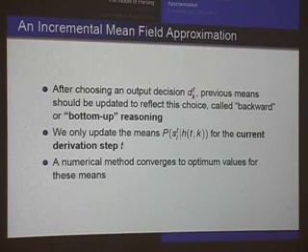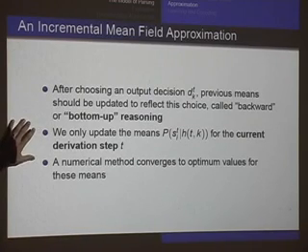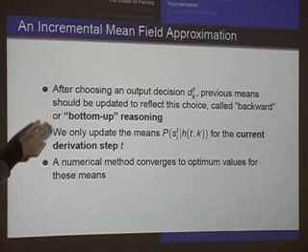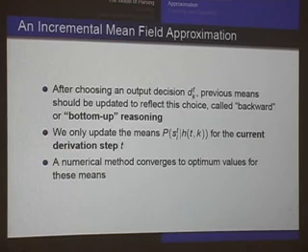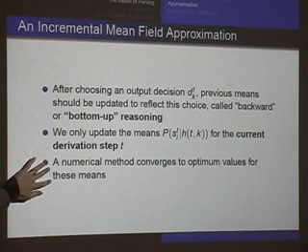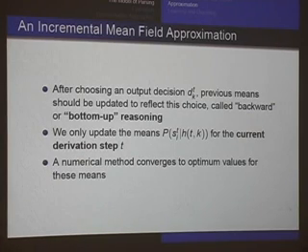This is mostly the work of Ivan Titov, but we developed a method that does update these means, but only for the current step. We don't go back all the way through the parse. We only update the current set of states when we see a new piece of information about the derivation for this state. That involves a numerical method that we run to convergence to minimize this Kullback-Leibler divergence.